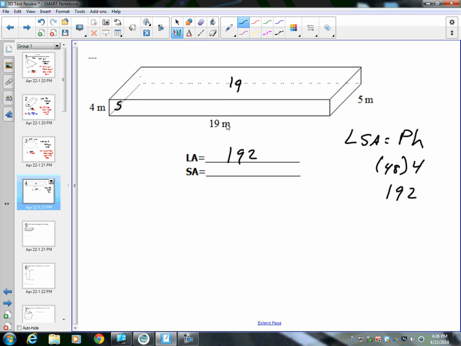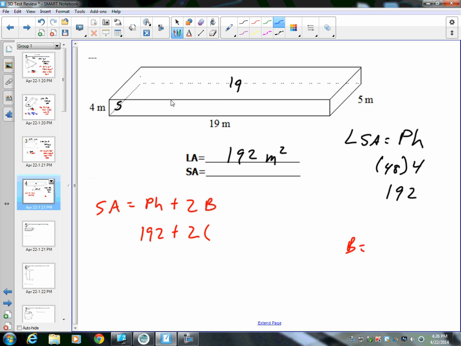On this problem, they're all in meters, and this is area, so our units are meters squared. Okay. For total surface area SA, our equation is pH plus 2B. We already know what pH is. It's 192 plus 2 times big B. Again, big B is equal to the area of the base.